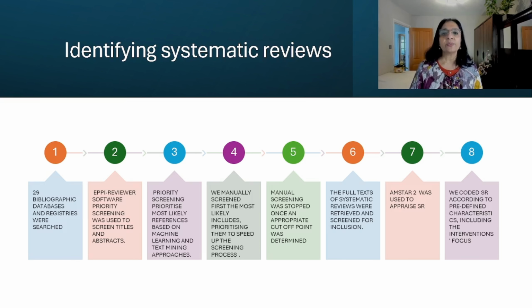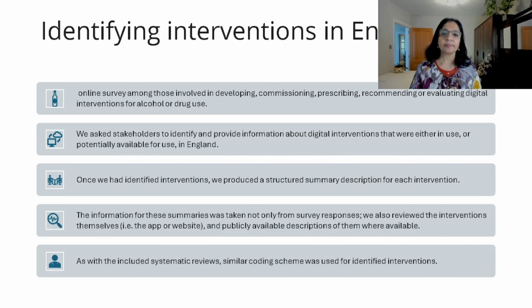After we finished title and abstract screening, we went to full text screening, and critical appraisal of systematic reviews was done by AMSTAR 2. We coded the systematic reviews based on a set of coding criteria.